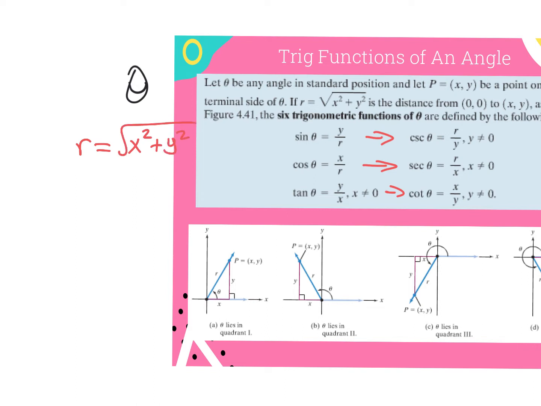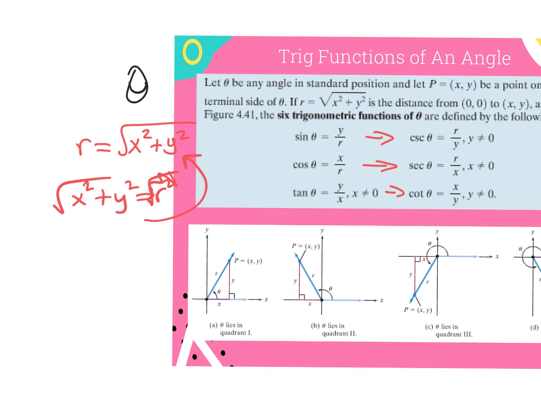Because remember, the Pythagorean theorem was x squared plus y squared equals r squared, or a squared plus b squared equals c squared. But in order to find just what r equals, we would square root both sides, and that's how they develop this equation that we're going to use to find the value of r.